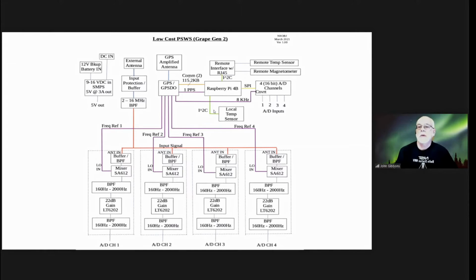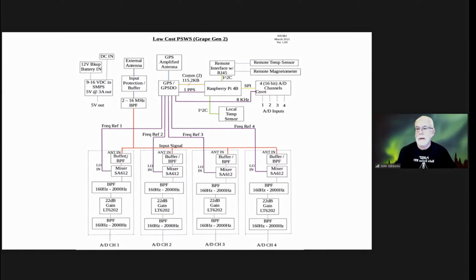In addition to these 4 channels, we're also adding the local temperature sensor and a remote interface that has a remote temperature sensor and the remote magnetometer, so we can do magnetometer data measurements as well. As you can see, the signal comes in from the antenna. We do some filtering and some buffering.